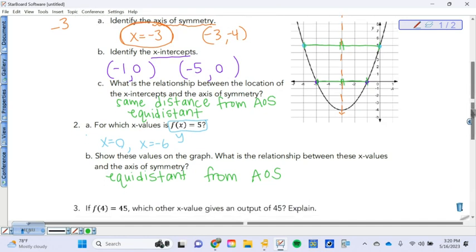Right. So kind of the main idea that we have here is that parabolas are symmetrical. So across the axis of symmetry, I have mirroring points that reflect one another, right? And those points that are equidistant from the axis of symmetry have the same y value.